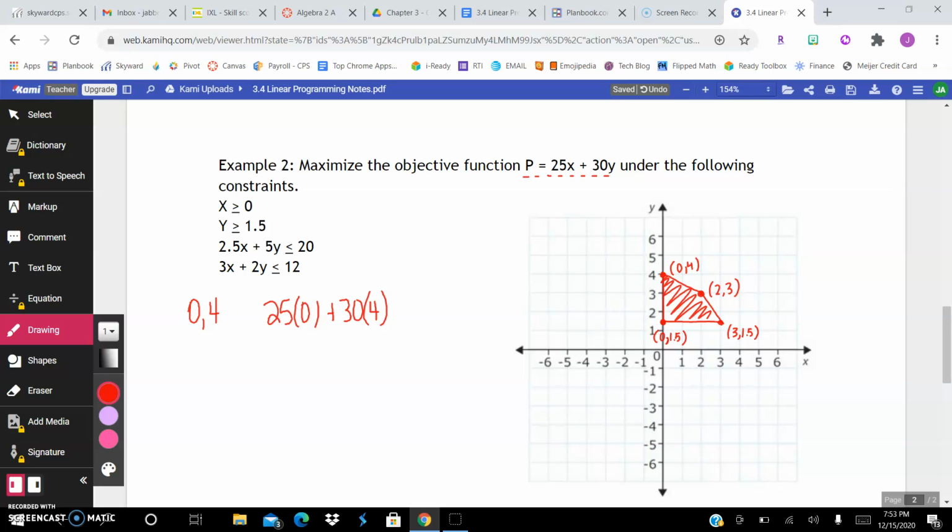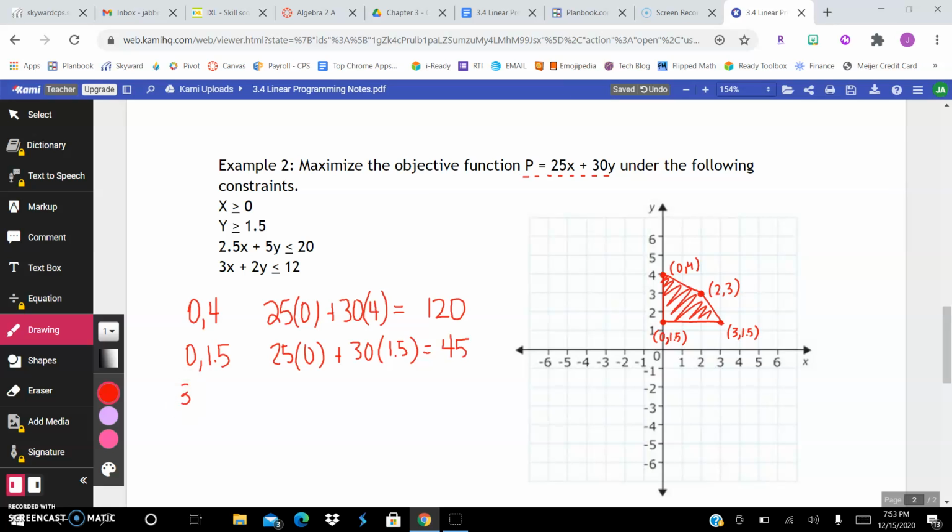That would be 0 plus 120, which gives us 120. Then I'm going to plug in 0, 1.5. I'm going to have 25 times 0 plus 30 times 1.5. That would be 0 plus 45, which gives us 45.